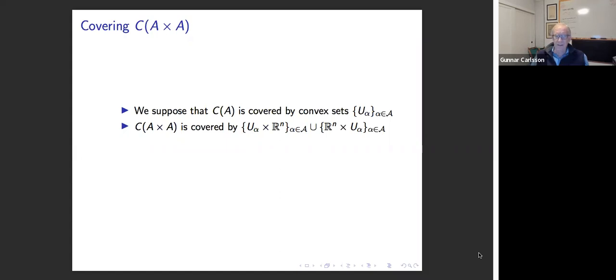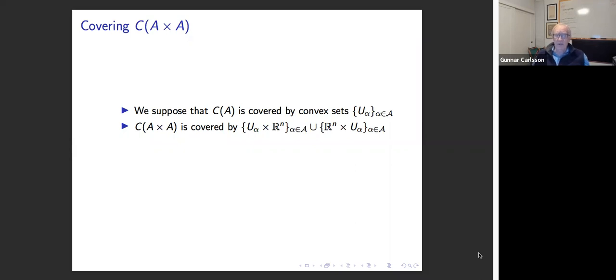Let me remind you that, so the complement of A cross A, let's think about that for a minute. The complement of A cross A is a union of two pieces. It's a union of the complement of A cross Rn, and Rn cross the complement of A. So in other words, complement of A says I'm not in A in the first coordinate, or I'm not in A in the second coordinate.